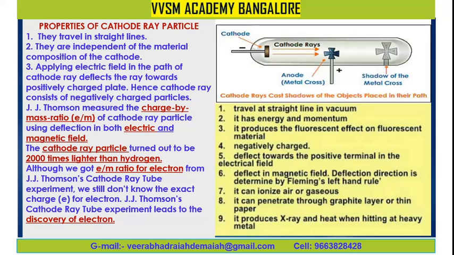It is responsible for X-rays. When they hit heavy metals, the emitted rays are in the form of X-rays. That means this is the production of X-rays, my dear friends.